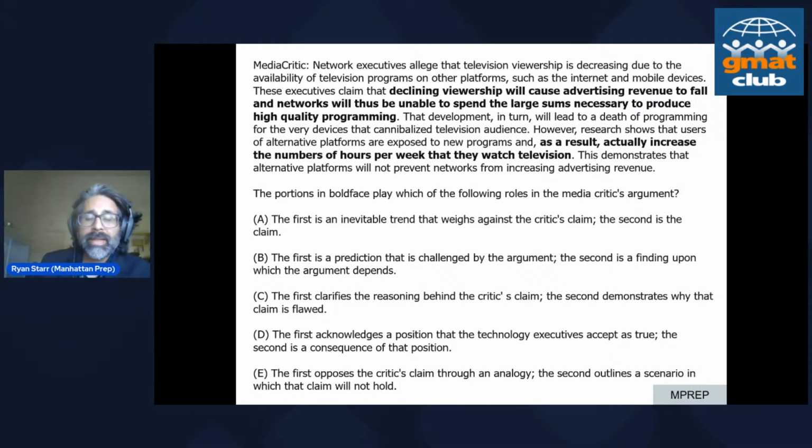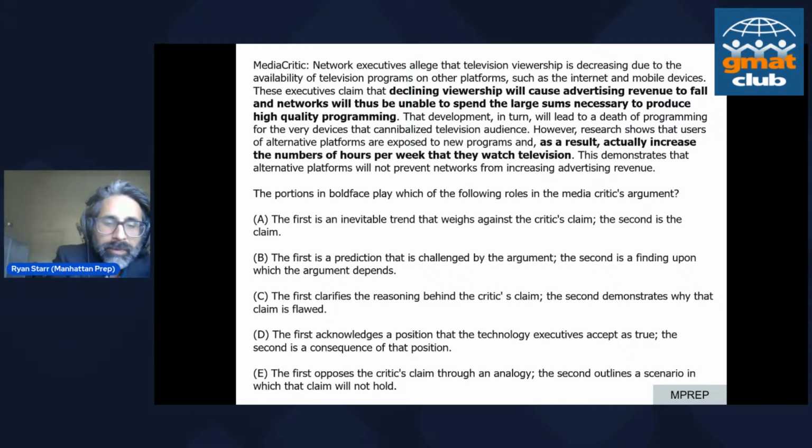Now, thing number two, the actual analysis. There are a few ways you can pull this off. One is keywords around the boldface portions. So for instance, this first boldface portion comes after these executives claim that, which is kind of a signal as to what that boldface portion is doing, right?